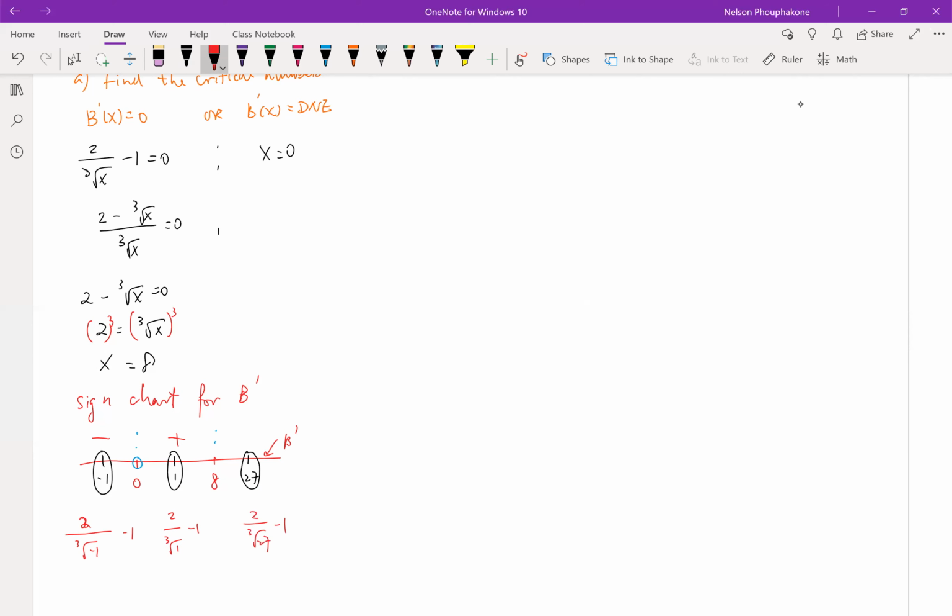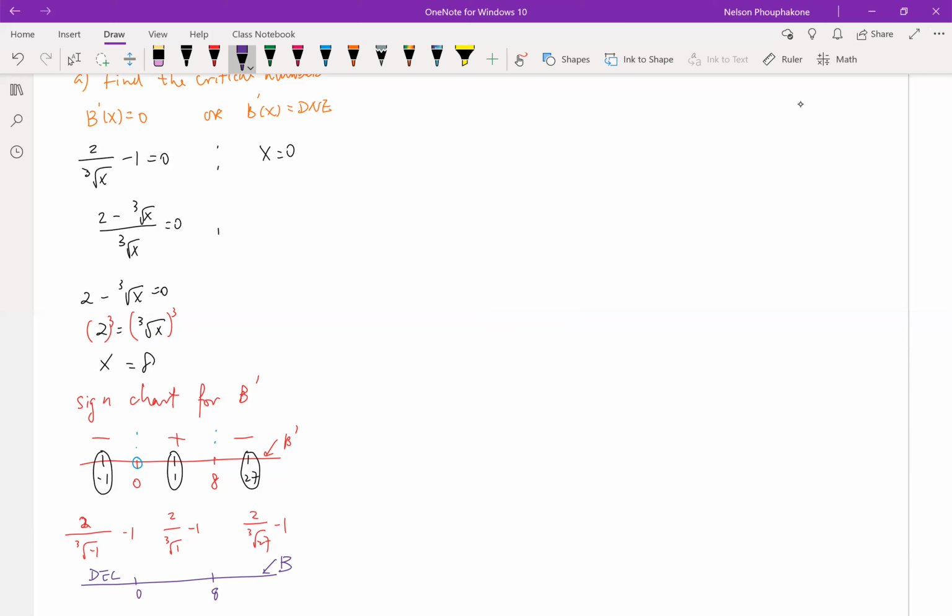Then this is 2 over 3 minus 1, which is negative. So then in this case, if we look back at 0 and 8, and look back at the original function b, because the derivative is negative, it means the interval is decreasing.